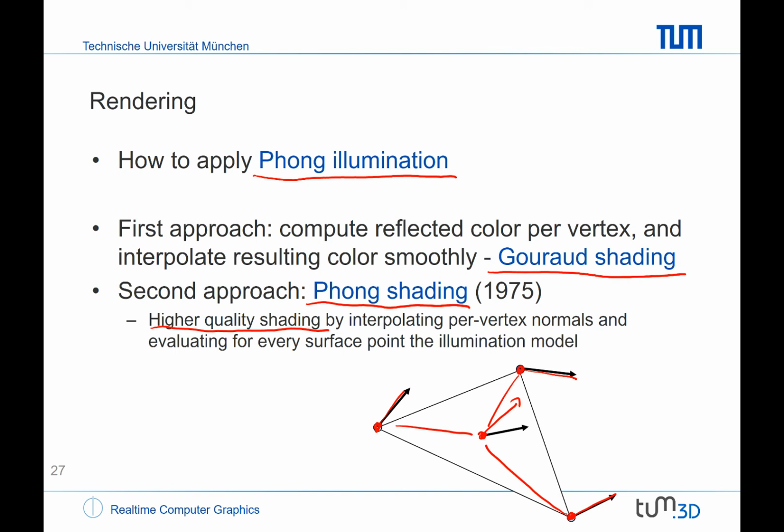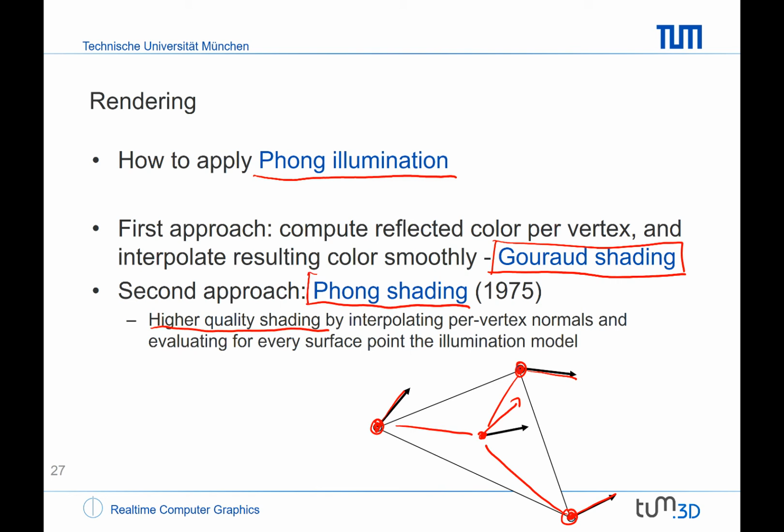It's clear that this is something different, because in the first approach, the Gouraud shading approach, we only evaluate the Phong illumination 3 times, at each of the 3 vertices of the triangle, and then we let the resulting colors be interpolated.